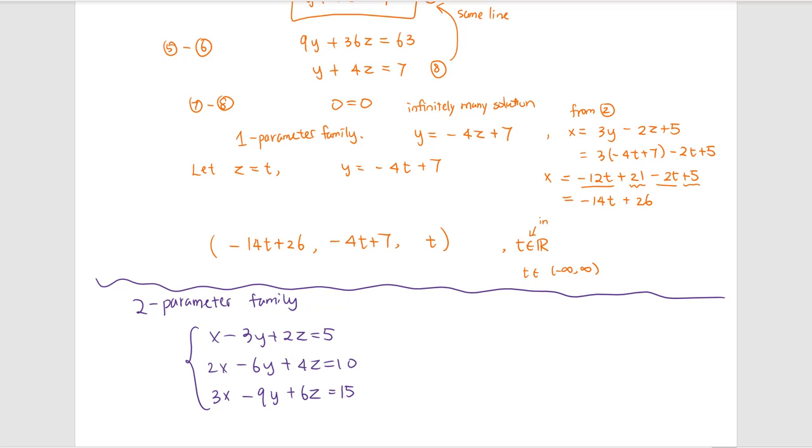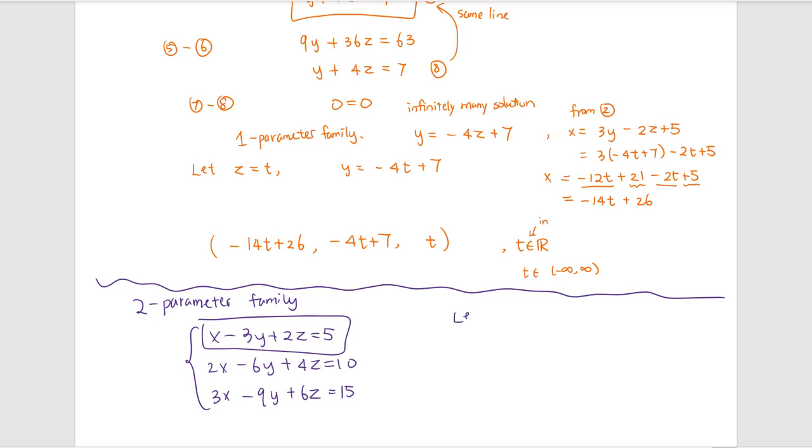So how do I get the second equation? I just multiply the first equation by 2, and then how do I get the third equation? I just multiply the first equation by 3, so that actually they're the same plane. So all three of them are the same plane. So that's why, a plane is a two-dimensional space, so we have a two parameter family.